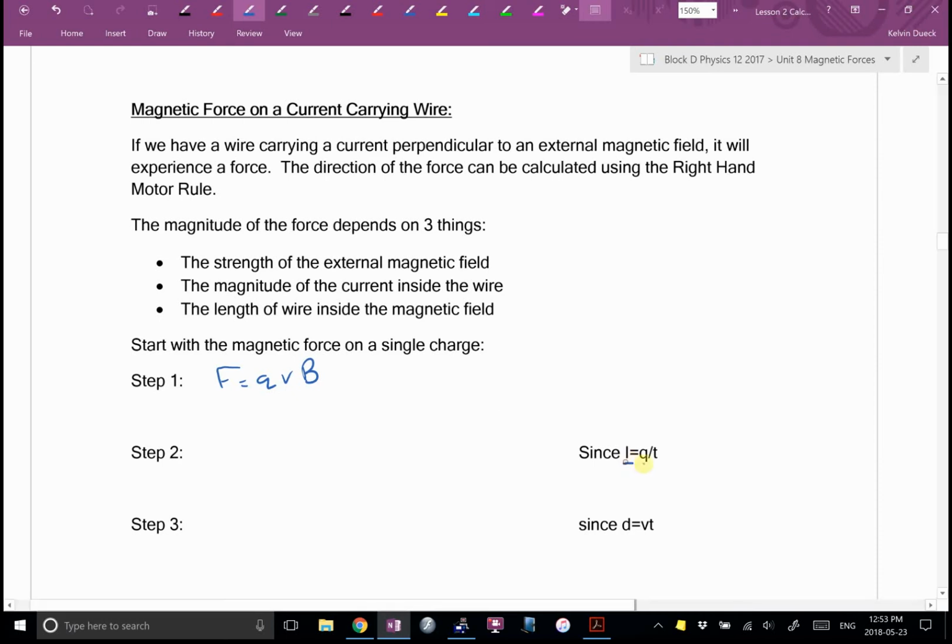I know that current is defined as coulombs per second. So can you rewrite that equation, Kyle, and get the Q by itself? Times what over? Let's use nouns and not pronouns. The times T over. So I can say F equals I T V B.